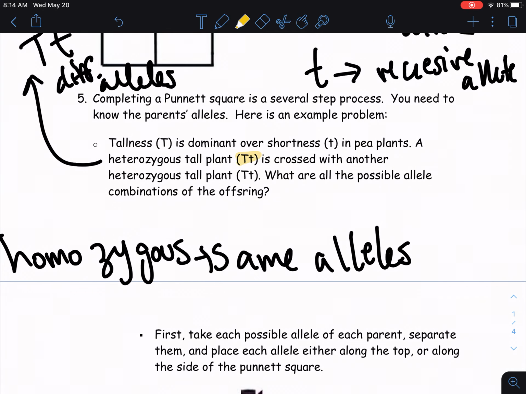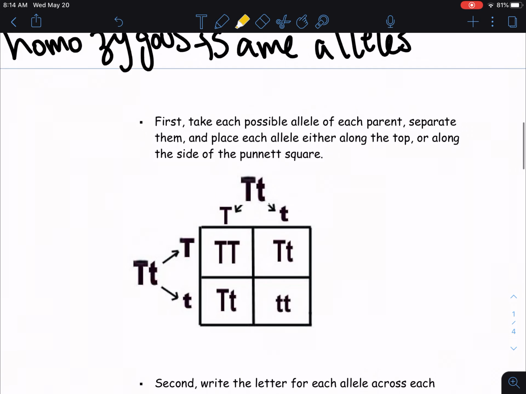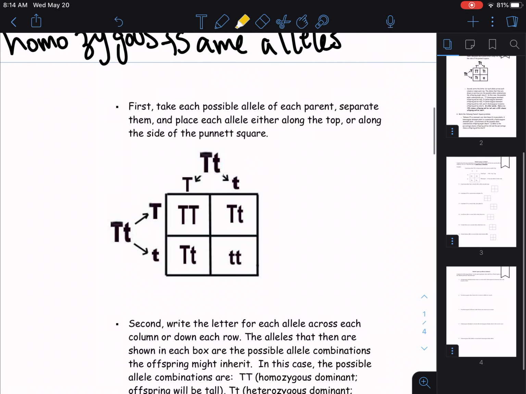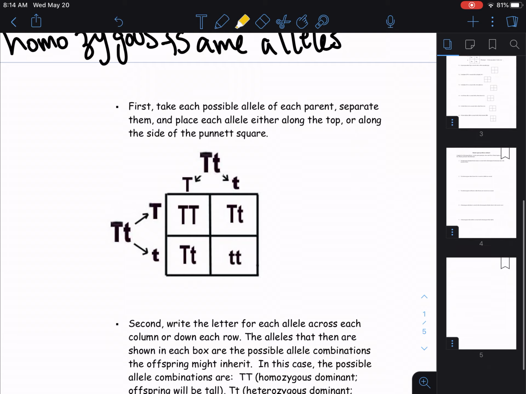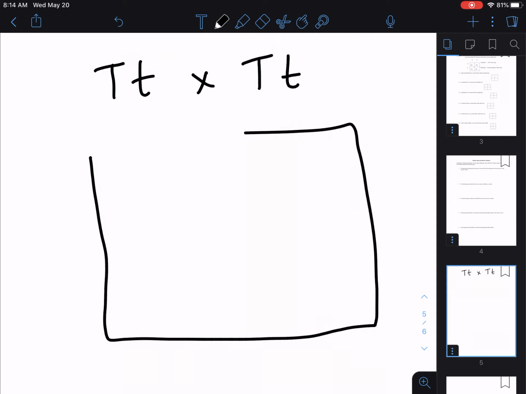They want us to cross big T, little t, and big T, little t. So you got to draw, and I'm going to just do it over here on another box. So we have big T, little t times big T, little t. And that's what this basically is. Fancy multiplication.